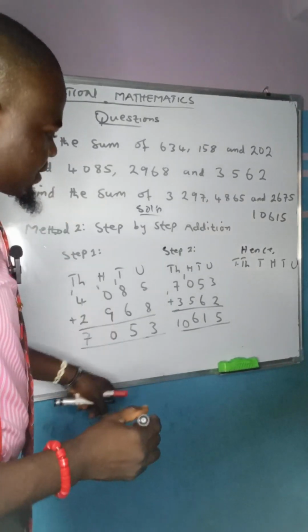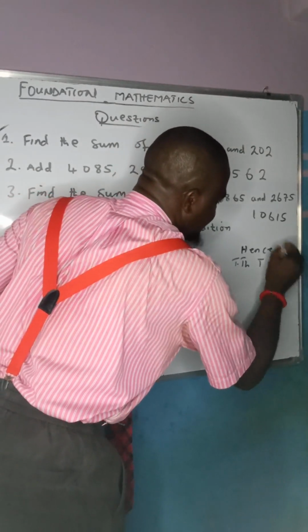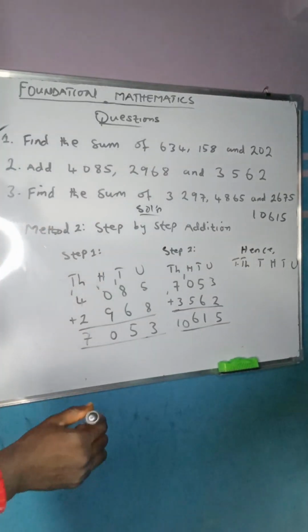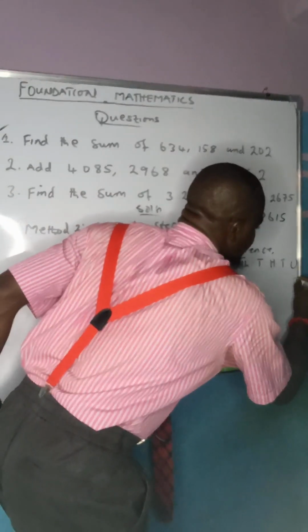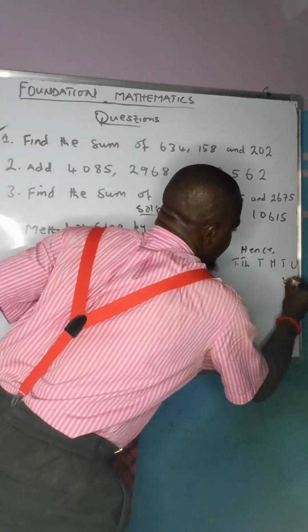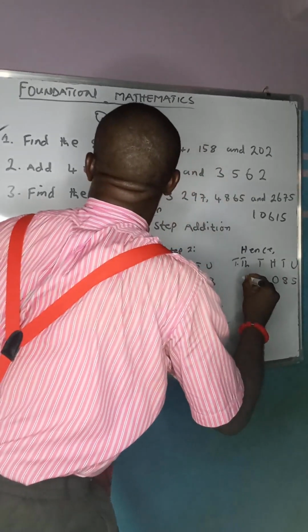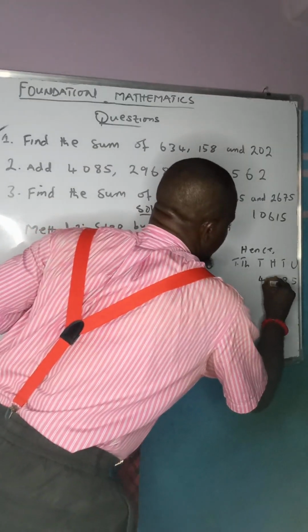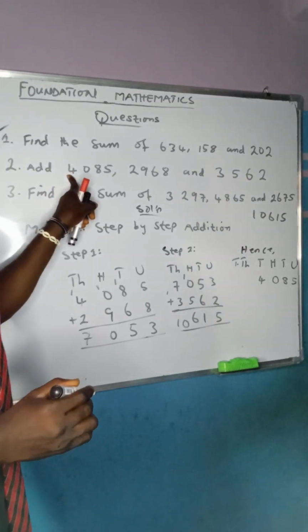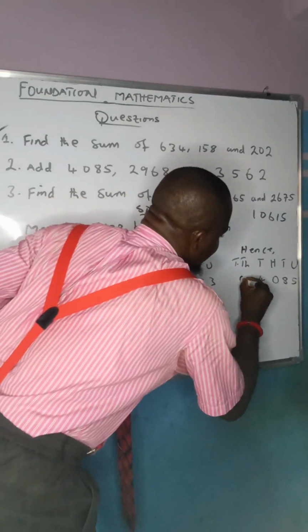Now, because there's an addition here, I'll start from the unit. All the numbers. The first one, the unit there is 5, 8, 0, 4. Now, the first number, they are not 5-digit numbers. Since they are not 5-digit numbers, I'll write 0.